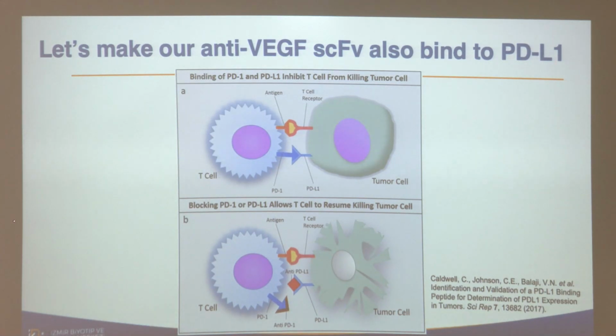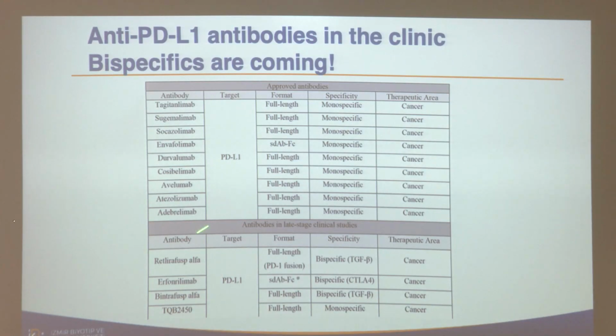Basically, I will just show here. There are lots of anti-PD-L1 antibodies in the clinic, and also there are some coming through in the clinical or preclinical stages. As you can see, most of them are bispecific. So PD-L1 works as monospecific, and some patients' survival rates increase with anti-PD-1 or anti-PD-L1 treatment.